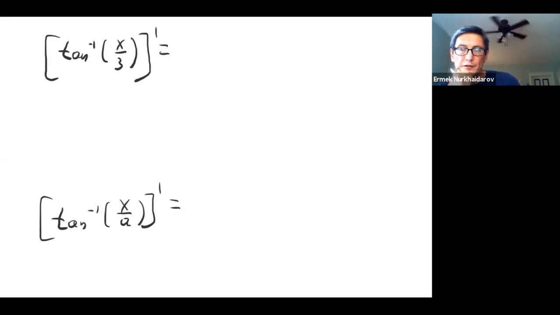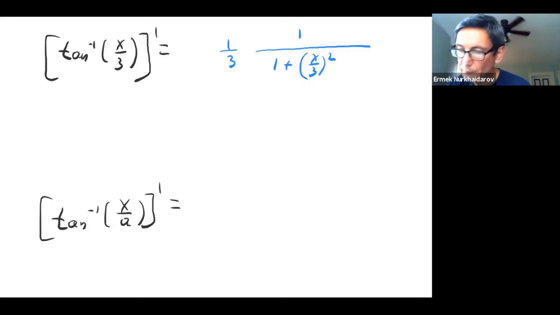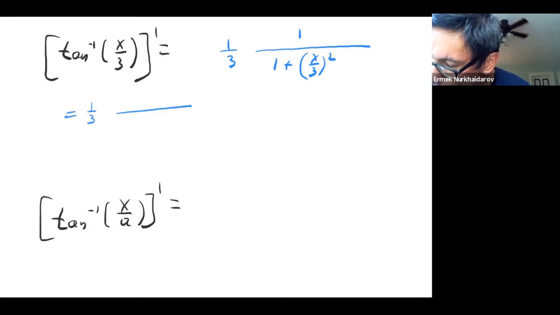So that's working. Chain rule: derivative of the inside function, derivative of the outside. Derivative of the inside is 1/3. Derivative of tangent inverse is 1 over 1 plus x over 3 squared. So that is 1/3 times 1 over 1 plus x squared over 9.